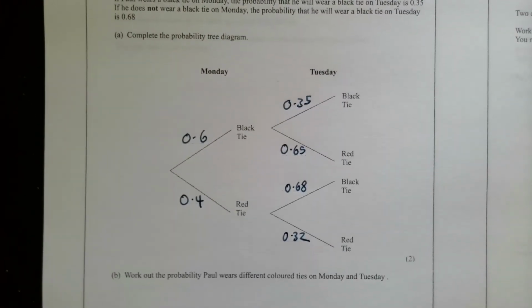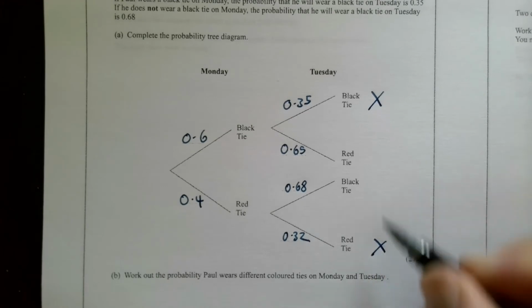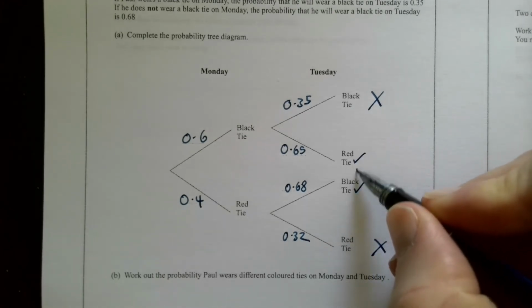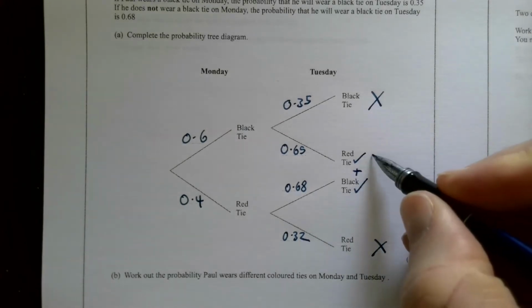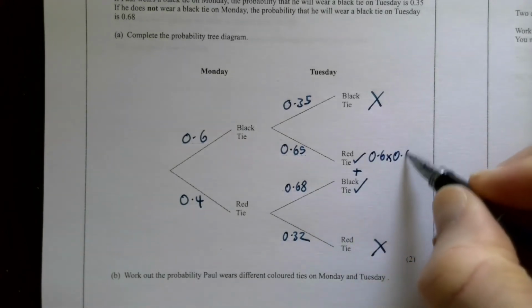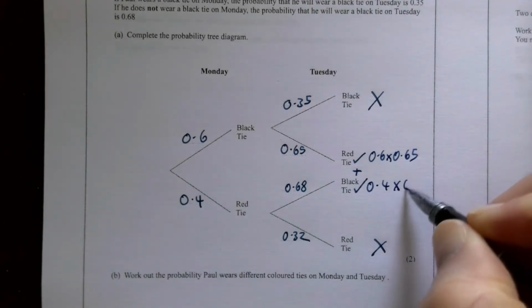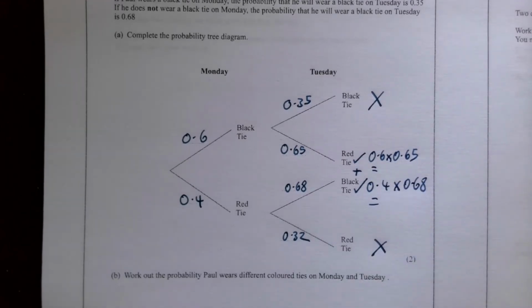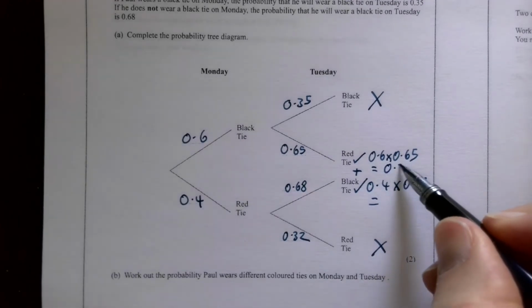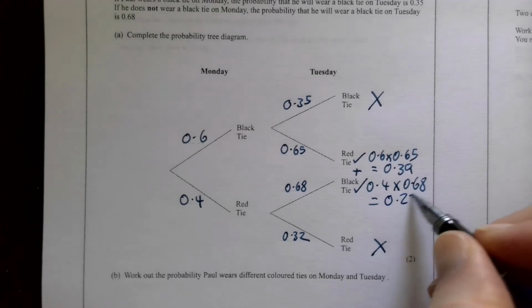And then we're looking at working out the probability he wears different colour ties. So that means he doesn't have black and black, he doesn't have red and red. We want this one or that one, which means work out that one and add it to this. So this is going to be 0.6 times 0.65, and this is going to be 0.4 times 0.68, which gives us 0.39 and 0.272.